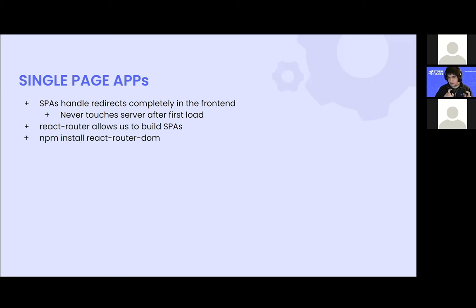When you click on links that are internal, like let's say you click on an image, instead of redirecting you, that redirect will happen on the client. The benefit of that is you don't have to wait for your network to download the new web page and stuff like that. In React, there is a non-official but should be official way to do that called React Router.